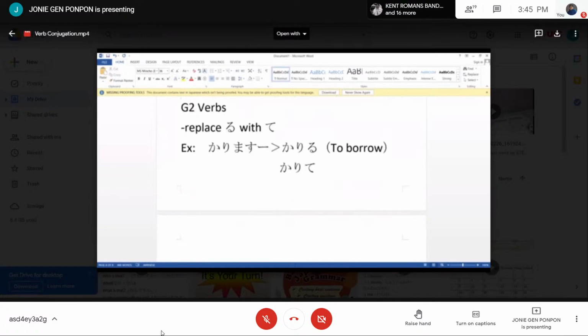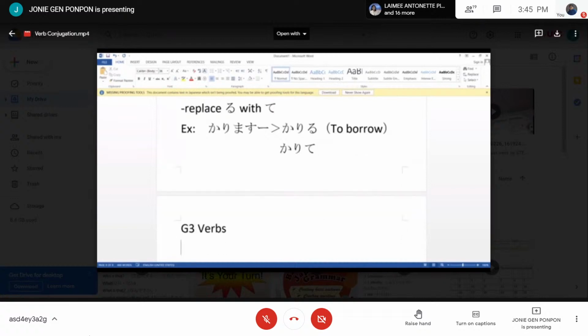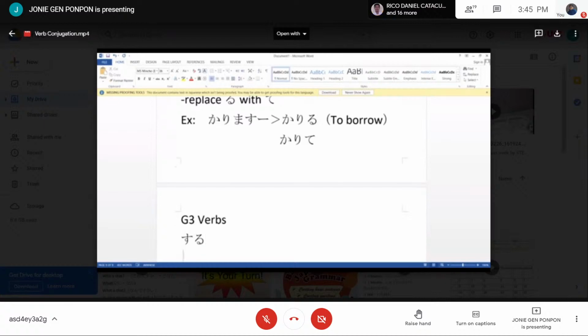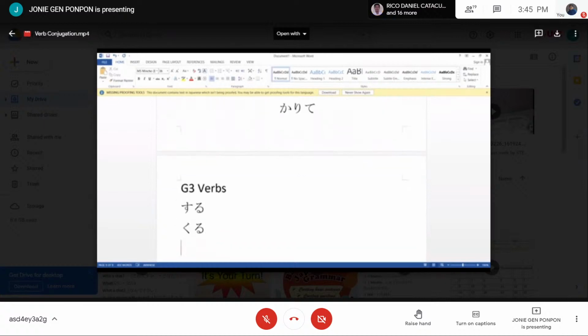Okay? Next, for group 3 verbs. For group 3 verbs, again, these are irregular verbs. So it will become suru, kuru, and the noun o suru or noun suru.